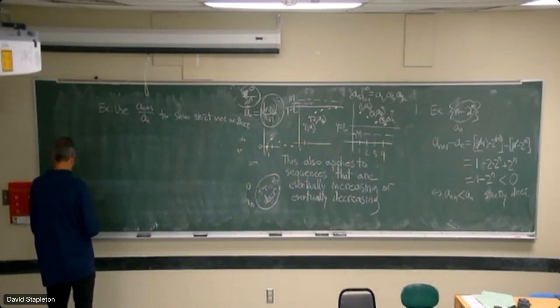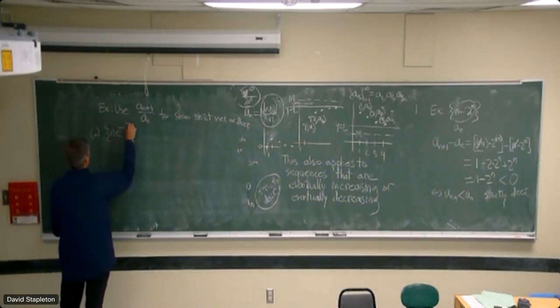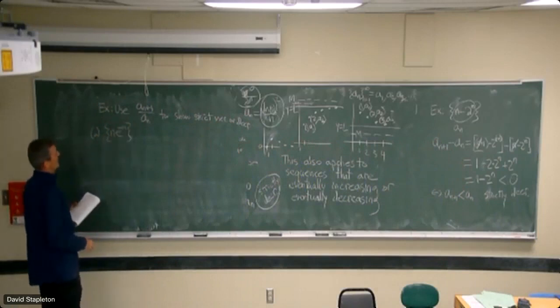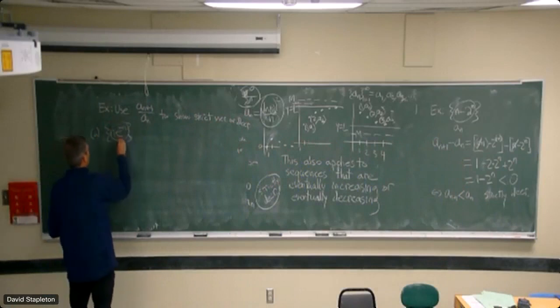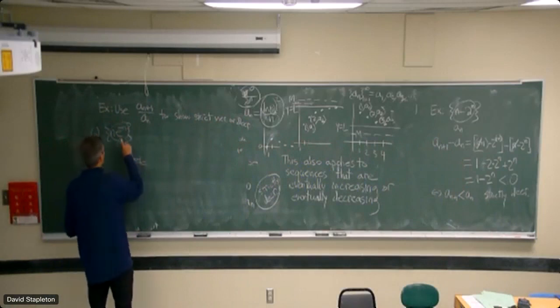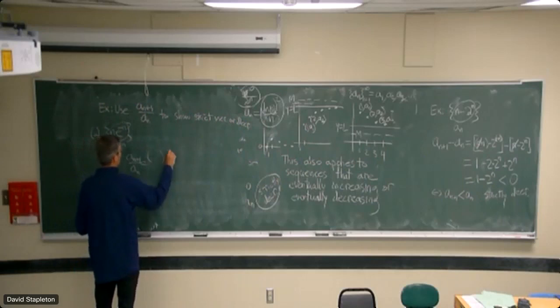Suppose we did something like this: n times e to the minus n, n going from 1 to infinity. So a_{n+1} over a_n: you replace n by parentheses and put in n plus 1, that's a_{n+1}. Then down here, you just leave it like it is, n e to the minus n.